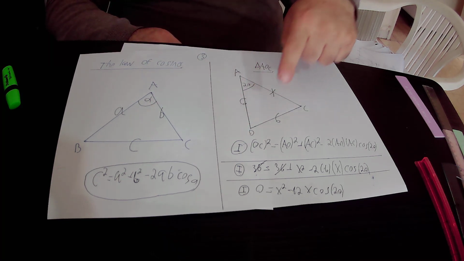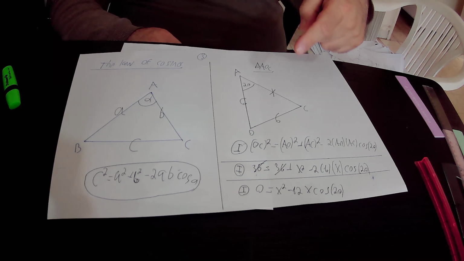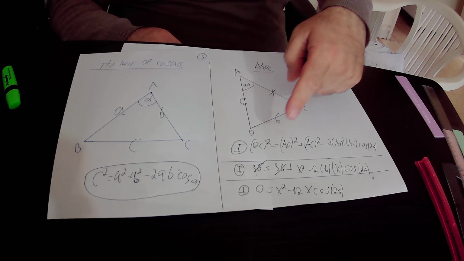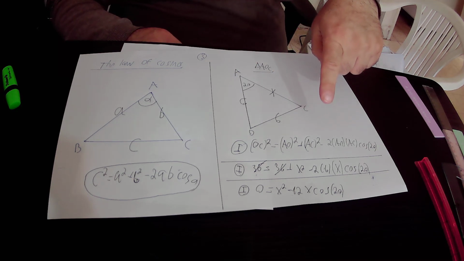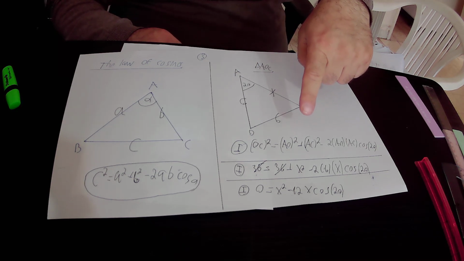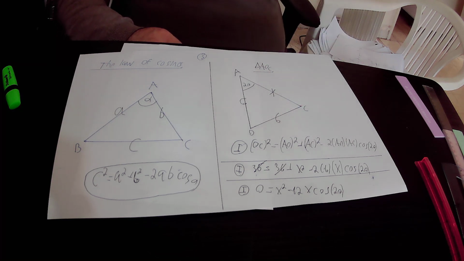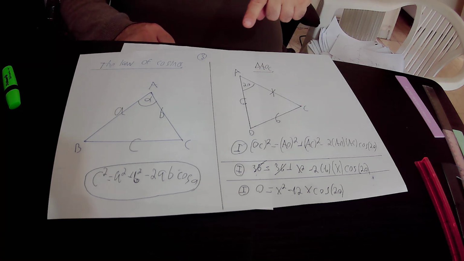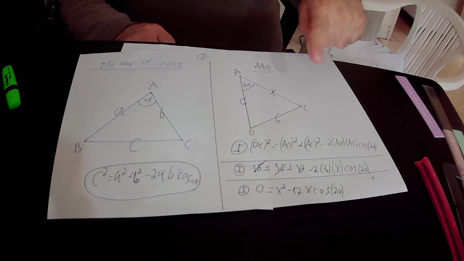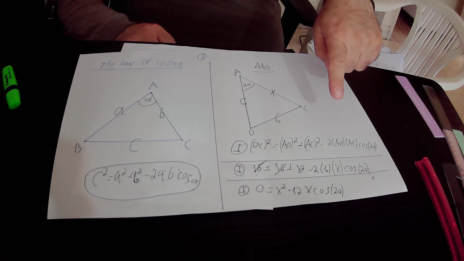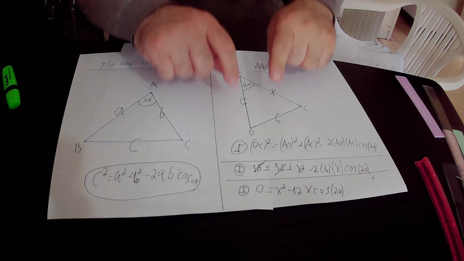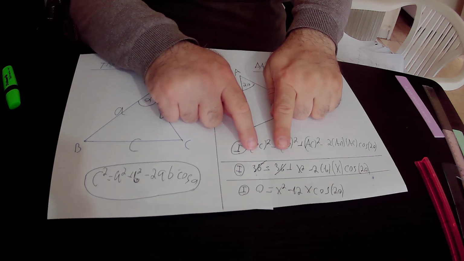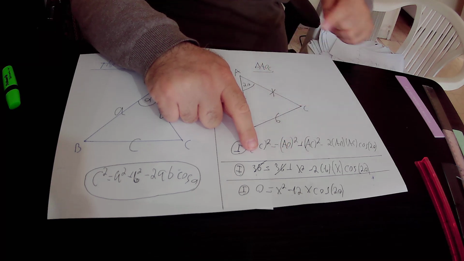AO is also equal to 6, so AO squared is 36. AC equals x, so AC squared is x squared, minus 2 times 6 times x times cosine 2 theta.